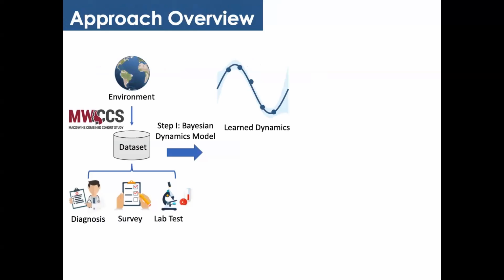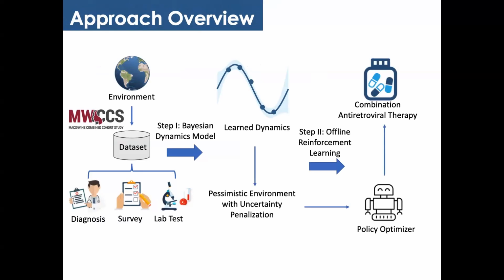For the model-based method, we develop a two-step approach. First, we propose a Bayesian dynamics model to learn the underlying dynamics. Second, we apply an offline reinforcement learning approach to optimize the ART.